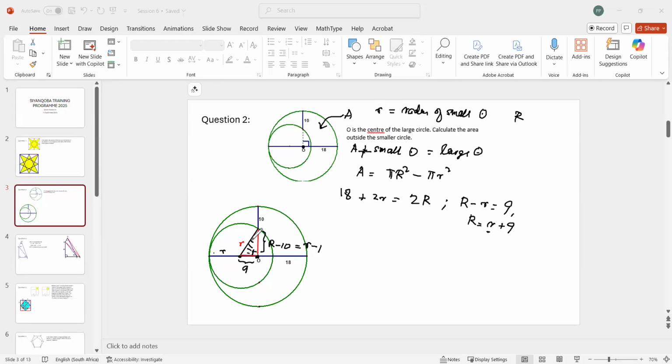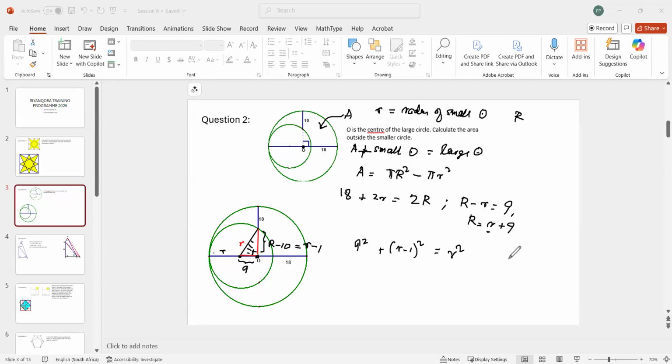So there you have it. In this right angle triangle, one side is 9 and the other one is r minus 1, and you've got r. So you've got an equation involving r. So it's 9 squared, that's Pythagoras, plus r minus 1 squared is equal to small r squared.